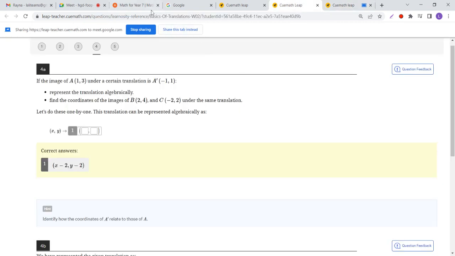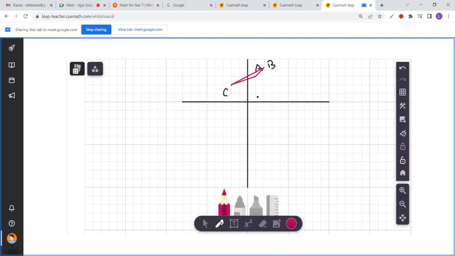A dash is negative 1 and 1. Negative 1 and 1 is over here. So this is A dash.